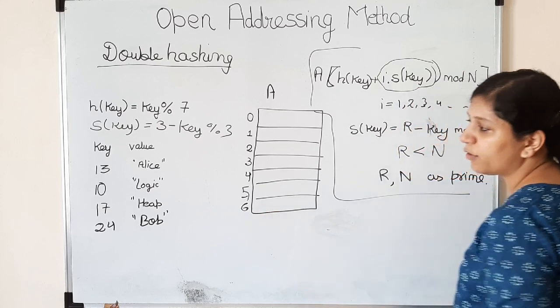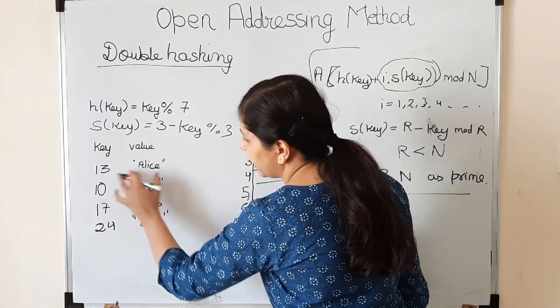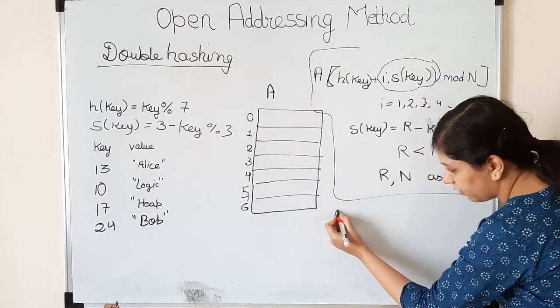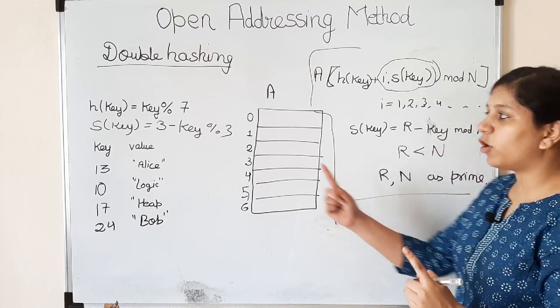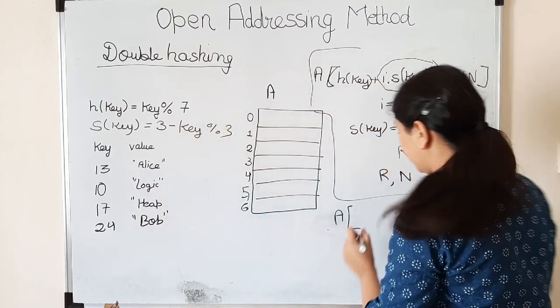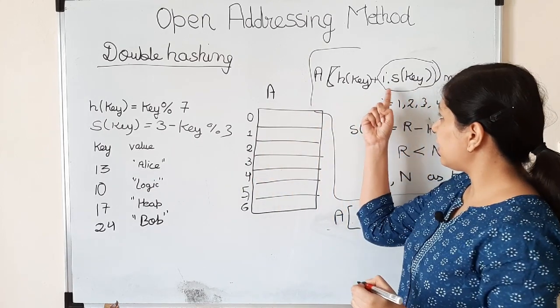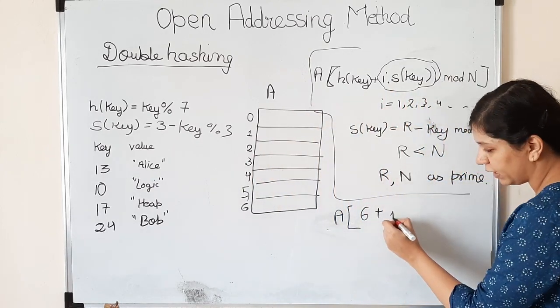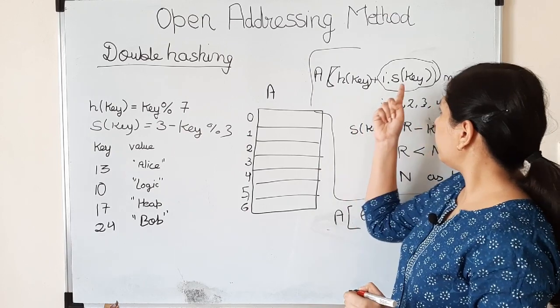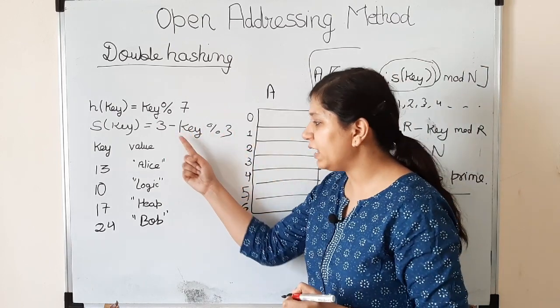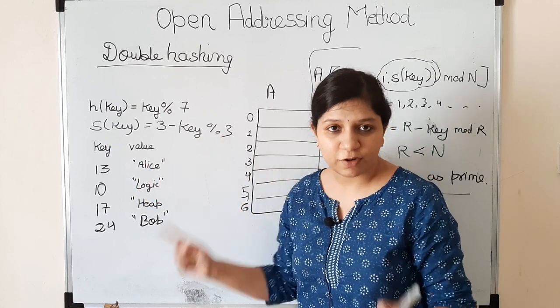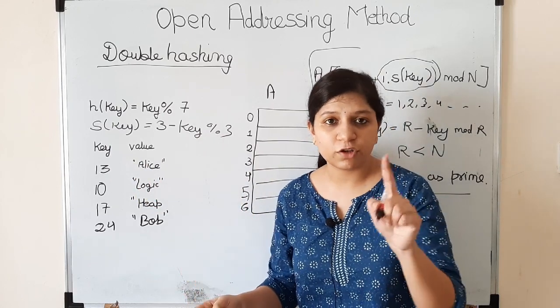So let's calculate it firstly for 13. 13 modulo 7 is going to give you 6, plus, next thing is i, which initially is 1. Now the secondary hash, so 3 minus 13 modulo 3. 13 modulo 3 is going to give you 1.